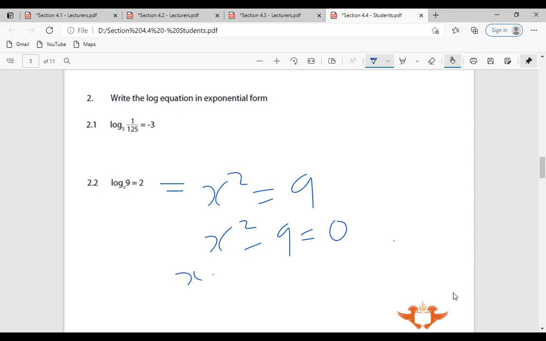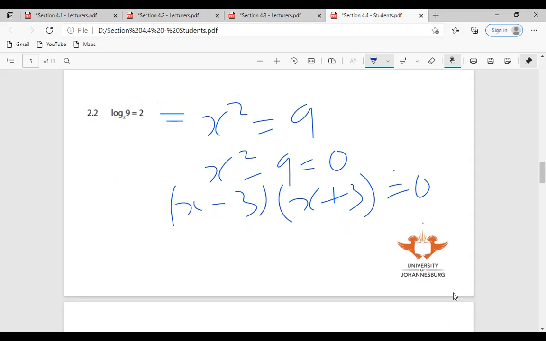So this is x minus 3, x plus 3, a difference of squares, equals 0. So x minus 3, x plus 3 equals 0, so that we then have our x to be 3, or x to be -3, and that's that.